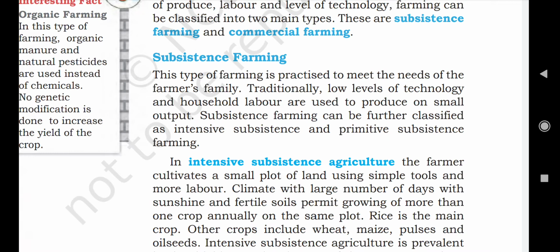For example, they are not using tractor and thresher, and instead of this they are using old methods of farming, like bullock cart and bullock plow, and the labor of their household, means the labor from their own house. They are not able to pay other laborers, and they have a small output.